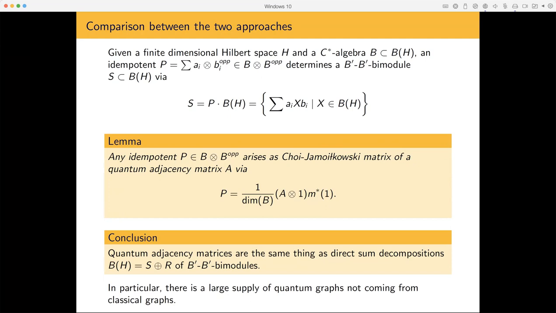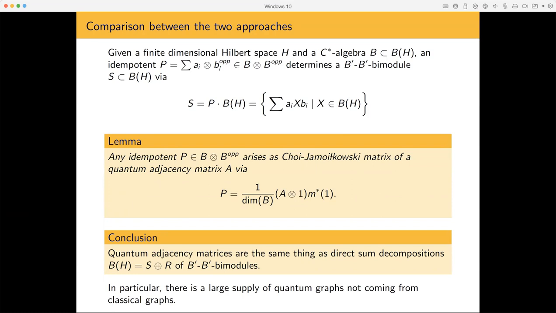The point is that there is a large supply of quantum graphs. Even if you take B to be n by n matrices, and the Hilbert space to be just row vectors, then the commutant would be the complex numbers. So bimodules is the same thing as having vector space decompositions of your matrix algebra, and there's certainly a lot of things you can do.